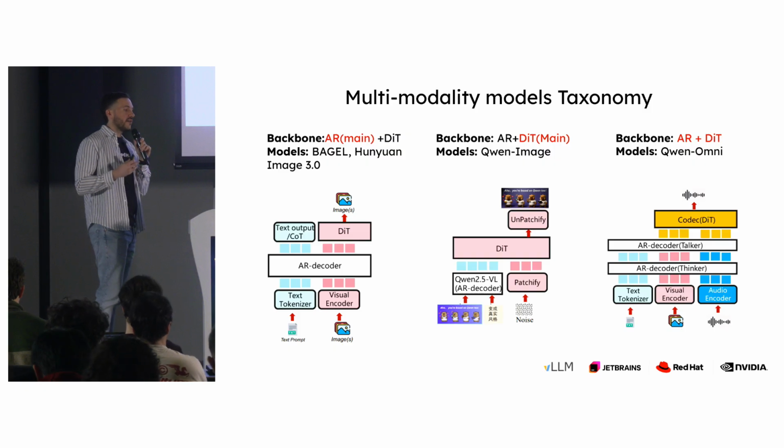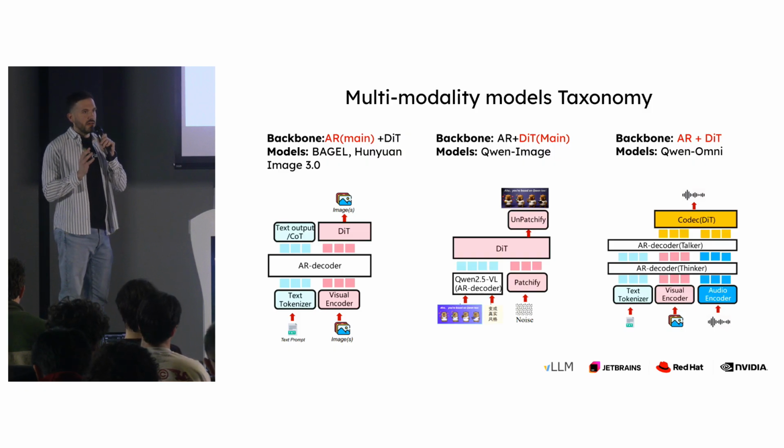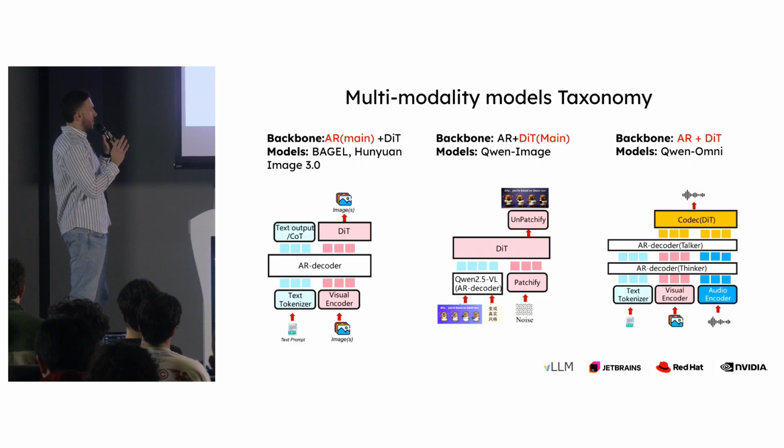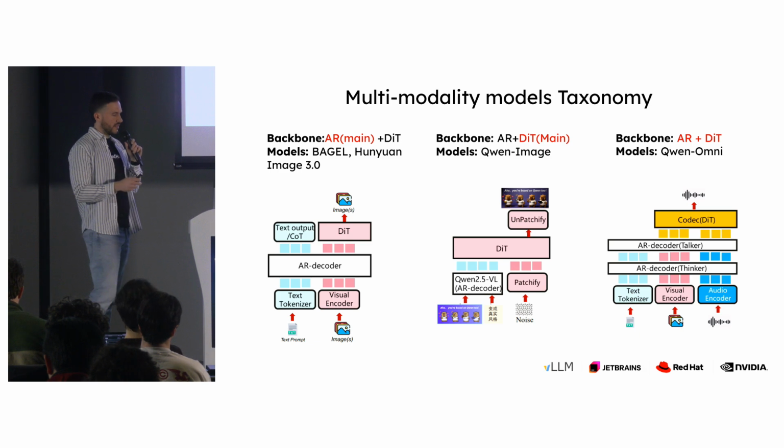In this setup, the autoregressive model is actually a minor part. It just takes the prompt as input, generates the embeddings from the prompt, and those embeddings are fed into the DiT, which will carry on the diffusion steps.